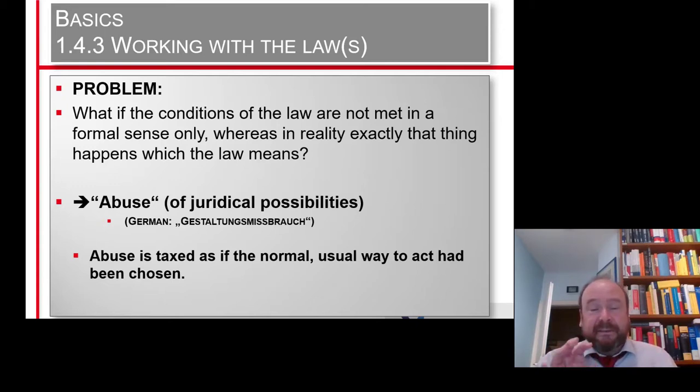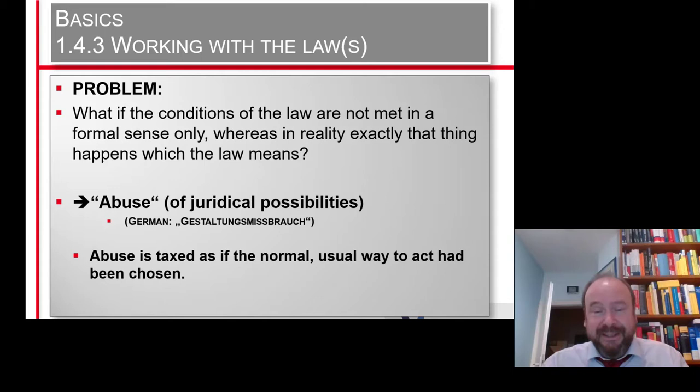That is the important difference between avoiding a law by not fulfilling the condition and avoiding the form of the condition, but fulfilling the condition in reality just by another way.